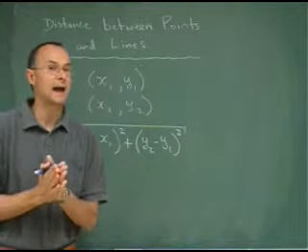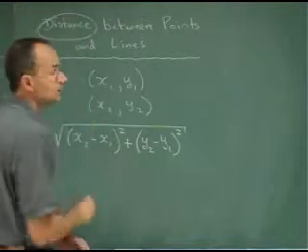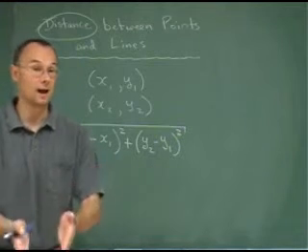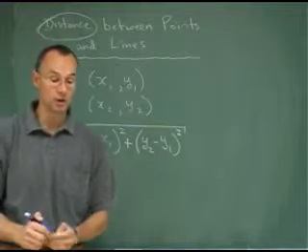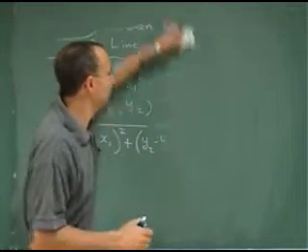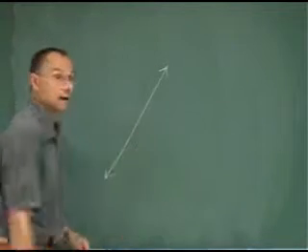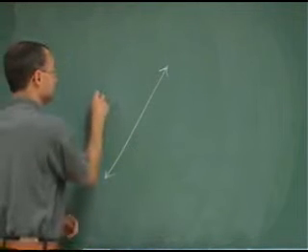Now we're going to need that distance formula because what are we looking at today? Distance between points and lines. Now we're talking about shortest distances here. Let me draw a little picture to indicate what it is we're after. We're going to have a line and we're going to have a point.